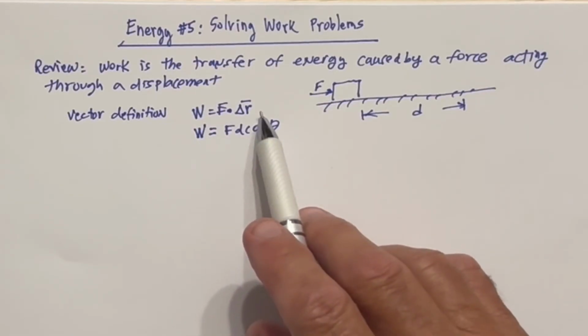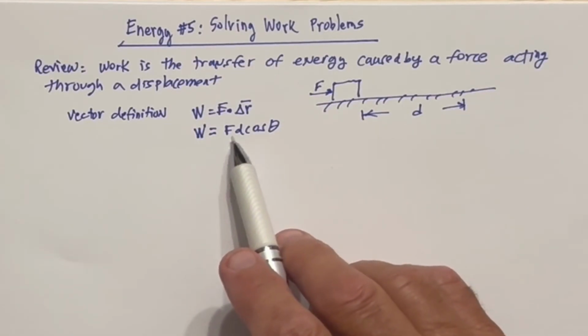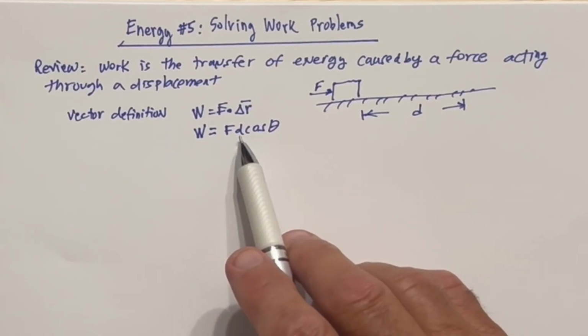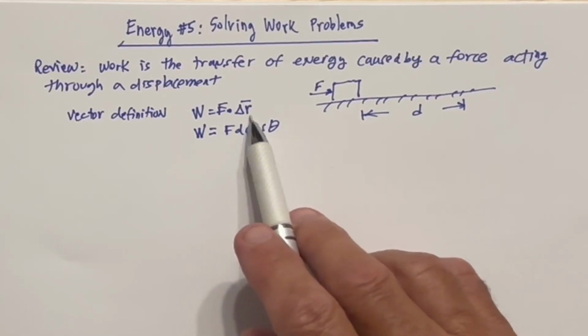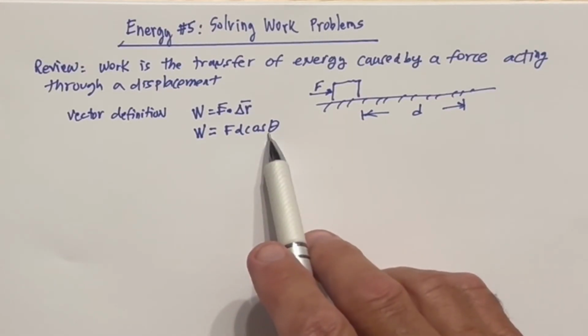Now, from the definition of the dot product, we know that the work is equal to force times the magnitude of the displacement times the cosine of the angle between these two vectors. So that's the formula we're going to use most of the time.